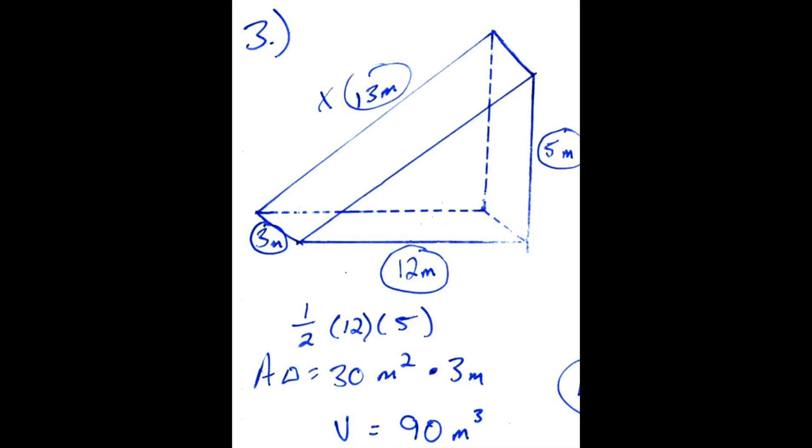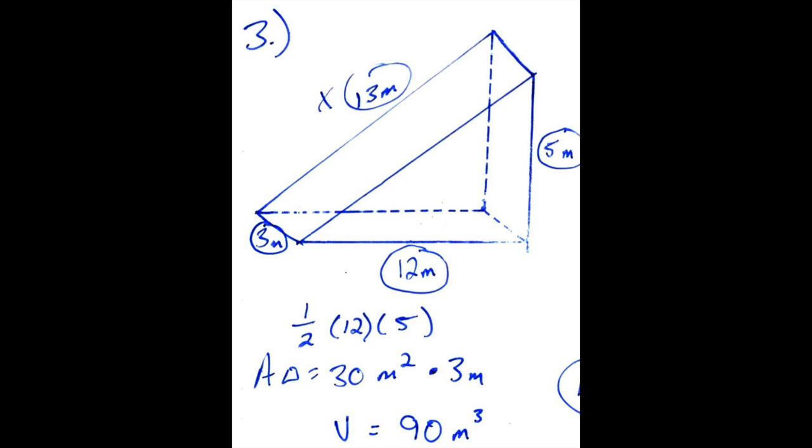So we kind of need to pick out which three of these four pieces of information are actually useful for us. So the 5 meters describes the height of the triangle face. The 12 meters describes the base of the triangle face. The 3 meters describes the height or depth of that prism.